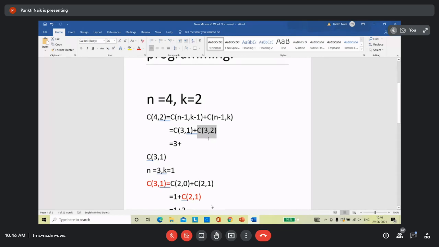For C3, 2, you have to put the value of n equal to 3 and k equal to 2 in the equation Cn minus 1, k minus 1 plus Cn minus 1, k. Right? So we'll get two problems. Right? Again solve those two sub problems and finally you get the value of C3, 2. At last give me the solution for C3, 2. 3. Yes, C3, 2 is 3.